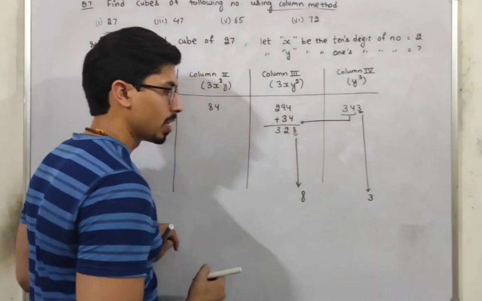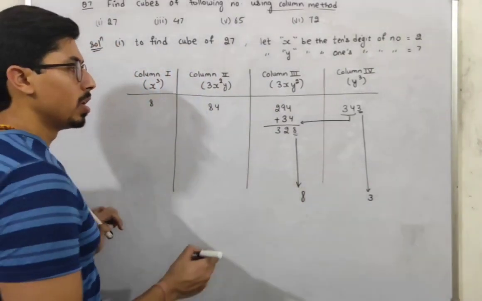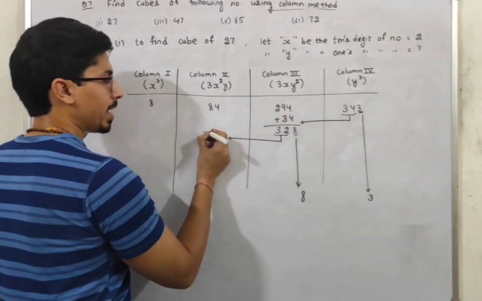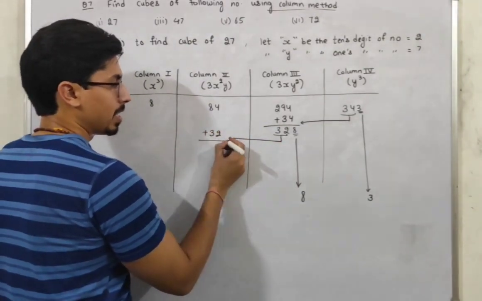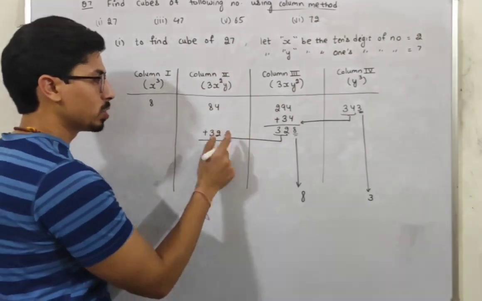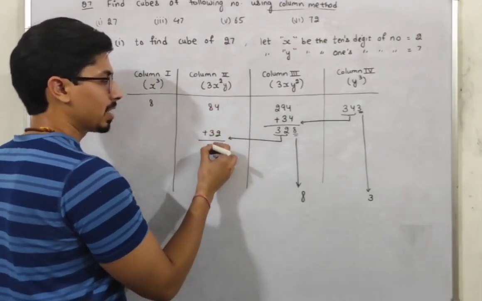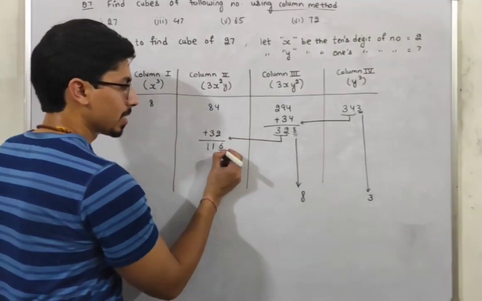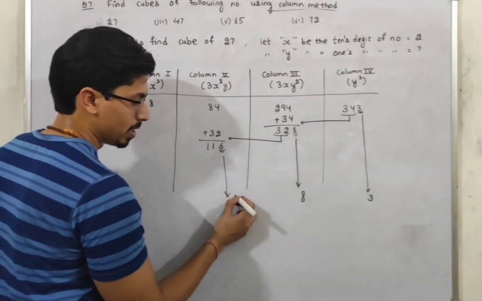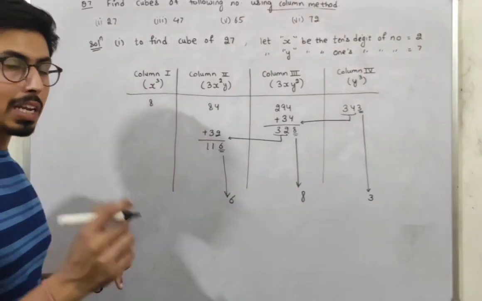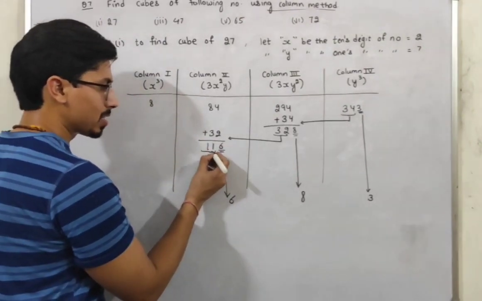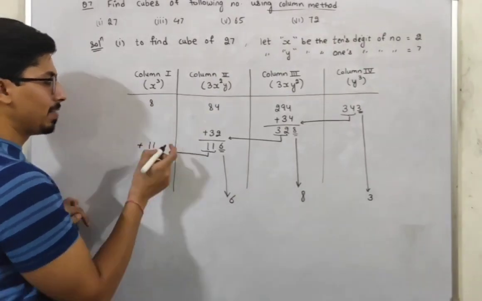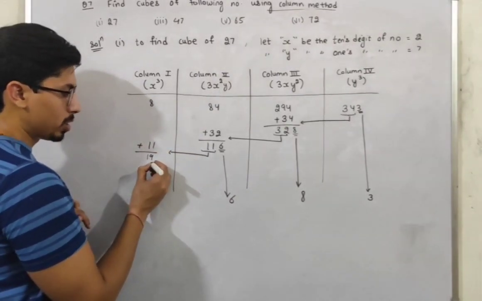Now the remaining number is 32. Take this 32 and add it to 84. So 4 and 2 is 6, 8 and 3 is 11. Take the last digit, which is 6, and write it here. The remaining number is 11, students. Take this 11 and add it to 8, which gives 19.